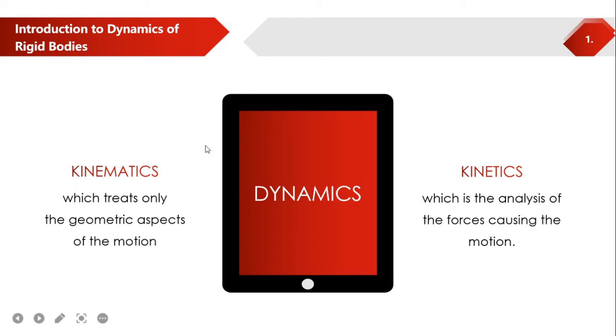In kinematics we just focus on the motion itself. Kinetics considers more: the motion of the body and the forces that cause the body to move, or the forces causing the motion.